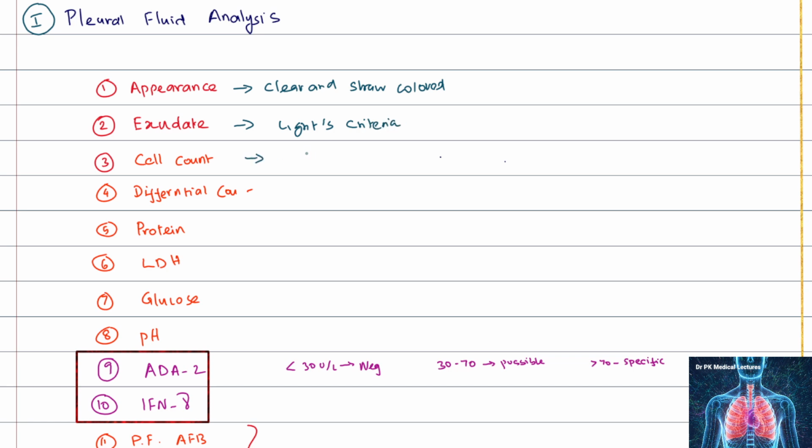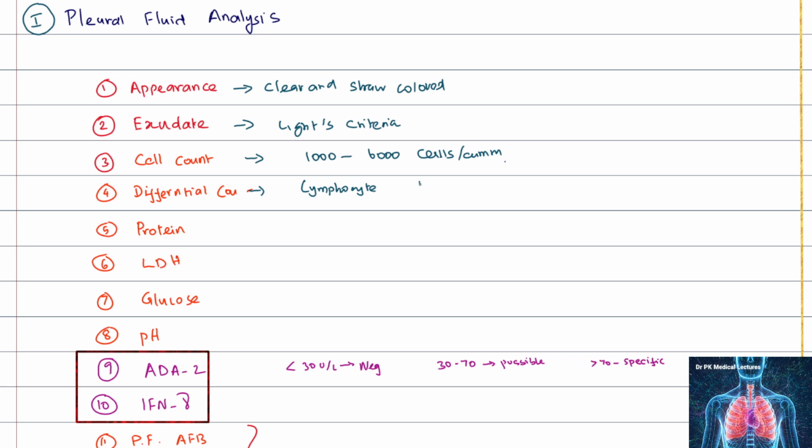It ranges from 1000 to 6000 cells per cubic millimeter. Then regarding the differential count, lymphocyte predominance is the characteristic feature of this tuberculous pleural effusion. So they are lymphocyte predominant.